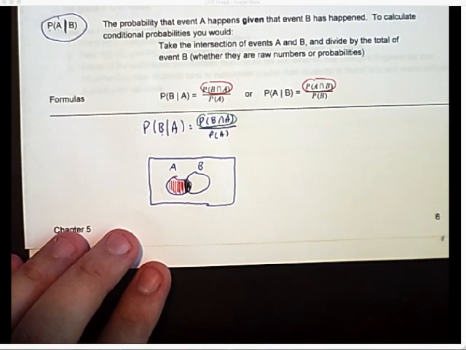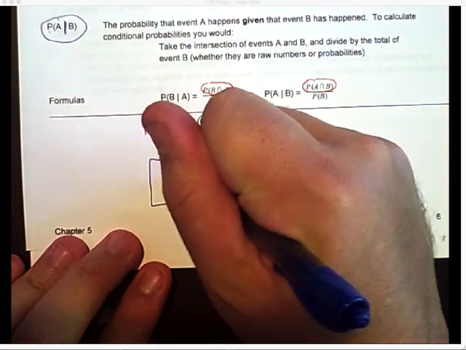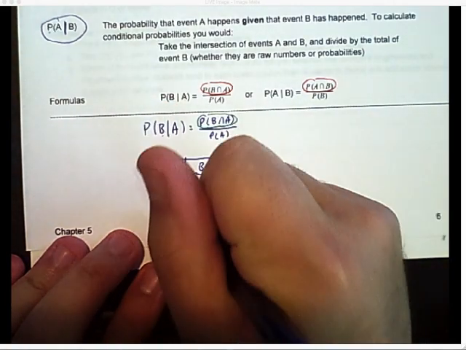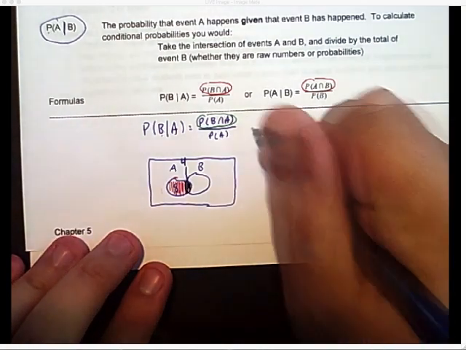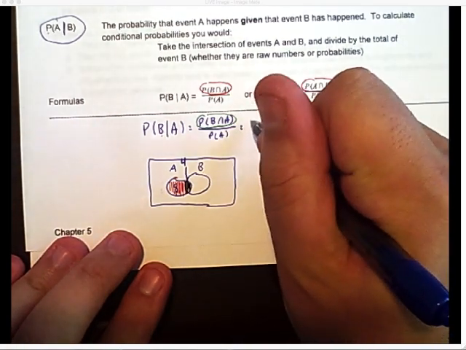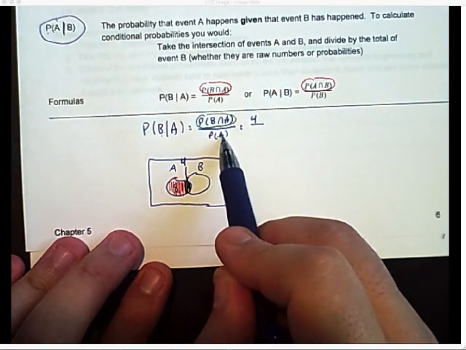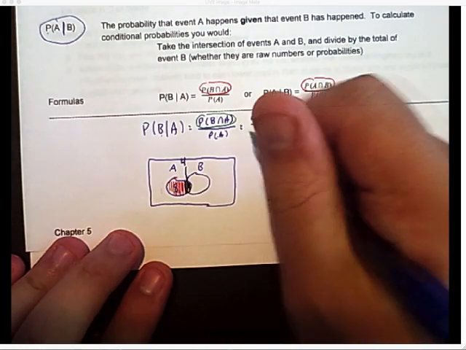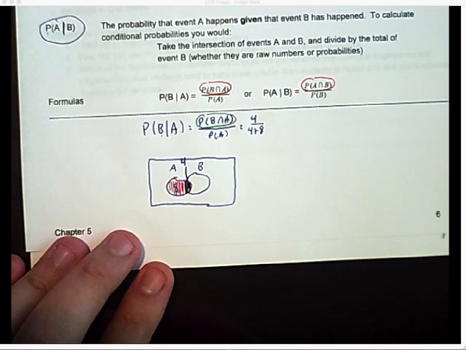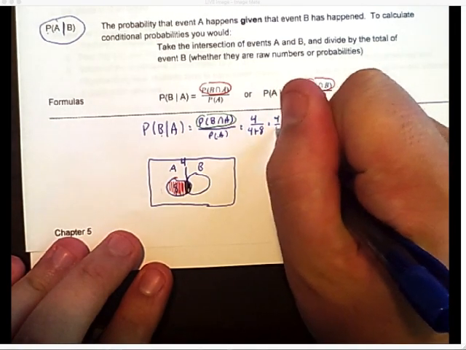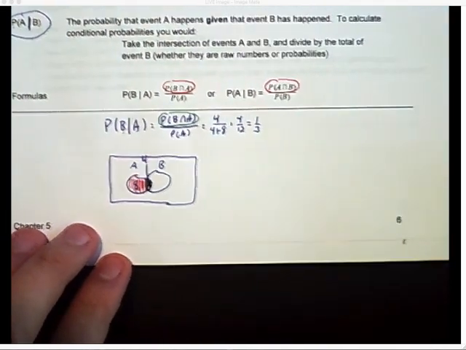For example, if there were 4 people in the intersection and there were 8 people not in the intersection, then you would take the number of people in the intersection, 4, over everybody that's in circle A. Well, 8 plus 4 are in circle A. So this would just be 4 over 12, or you could reduce it and say 1/3. That's how you would find it.